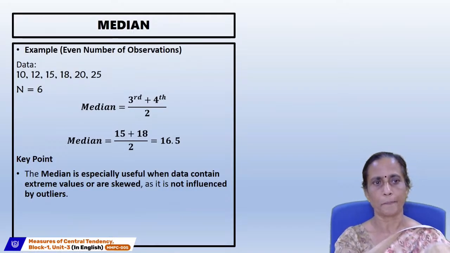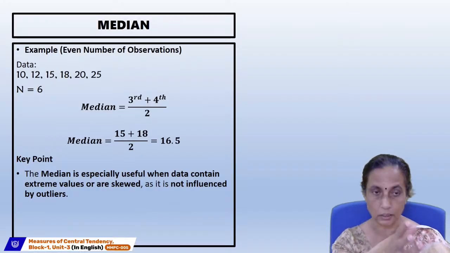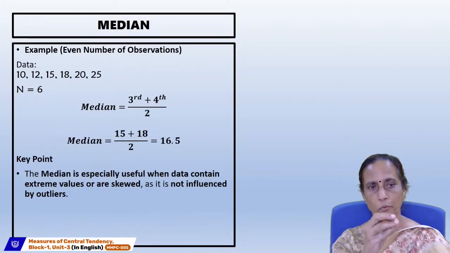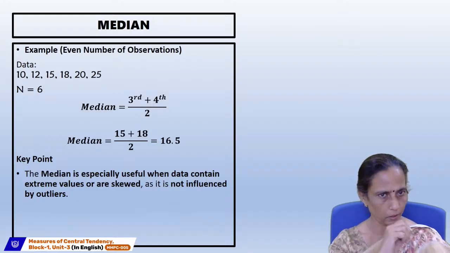So next, suppose I am having an even number of observations, say 6 values: 10, 12, 15, 18, 20 and 25. So n is equal to 6.